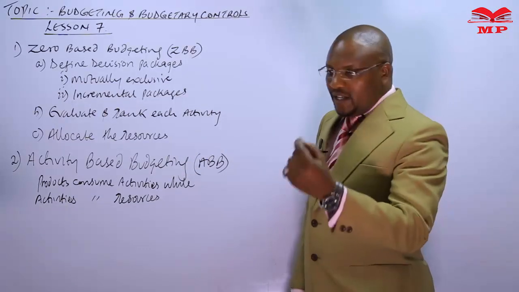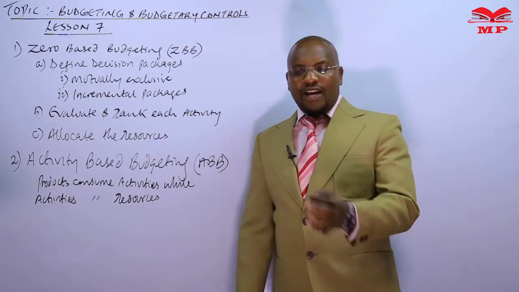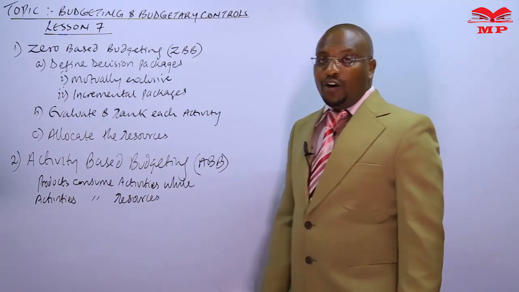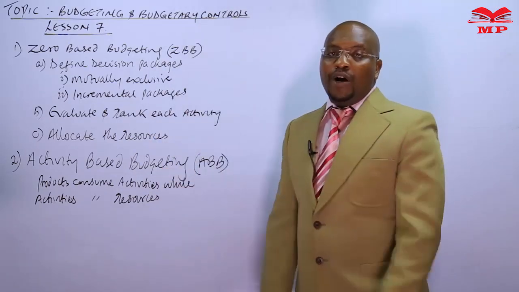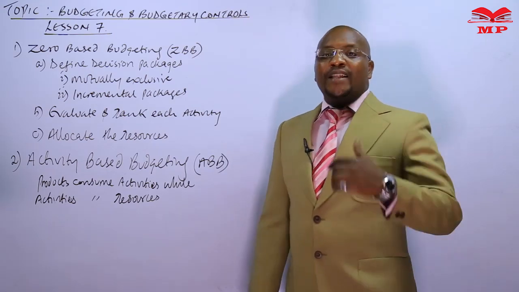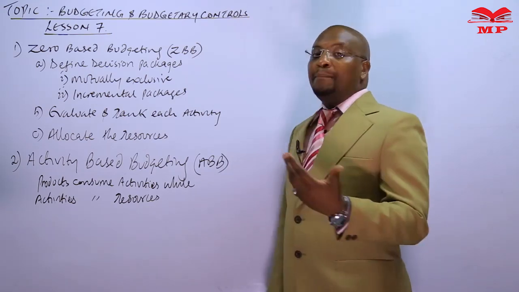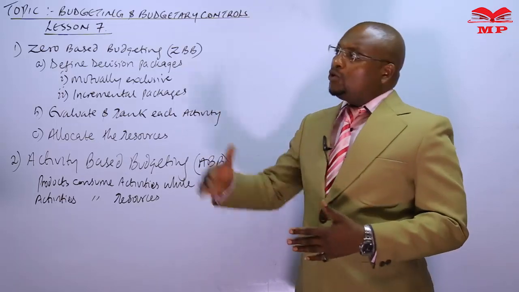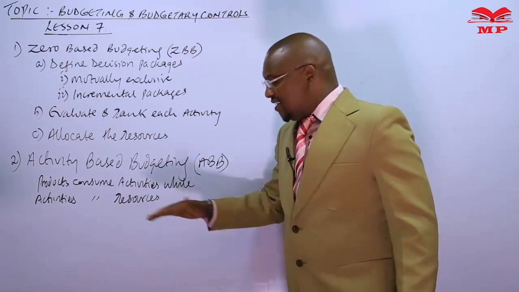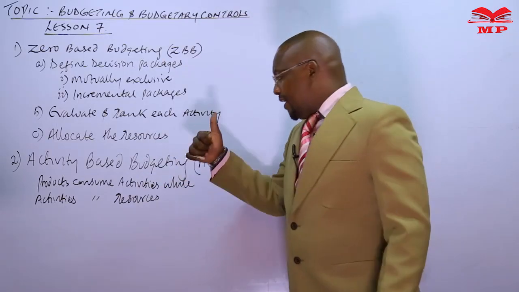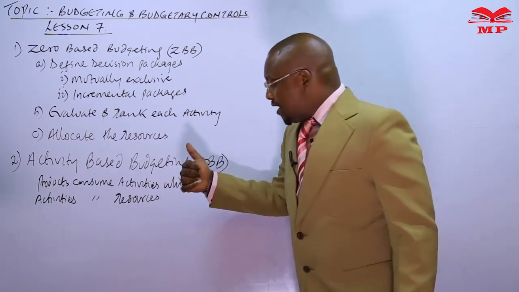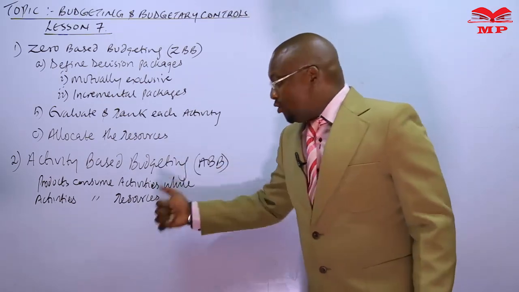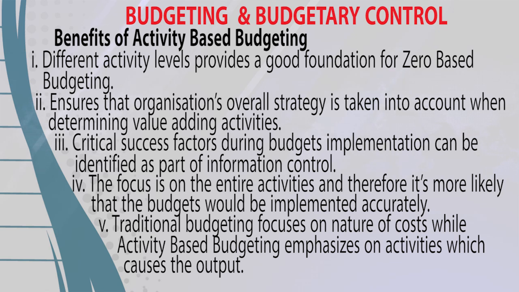When you do something on that activity or factor, you are going to affect the whole organization, and they are those factors which make the company achieve the objectives. So you're able to understand them as you are doing your analysis. When you talk of analysis, you're able to come across such factors, and those are the ones which define the organization.